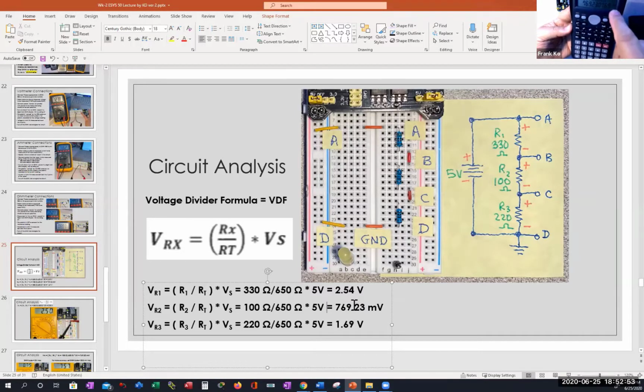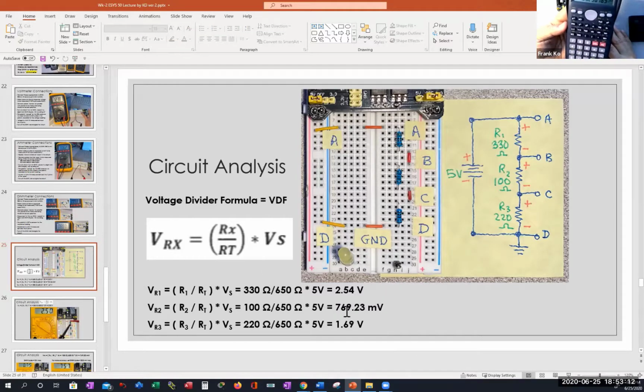That has happened on a number of the papers that I have received so far, and that only gets you half credit. If you miss that 10 power negative 3, it's a big miss. And so on the answer sheet, it has to be shown as millivolts. So are we cool with using the voltage divider formula and generating 769.23 millivolts? So far, so good. Thumbs up, yes.